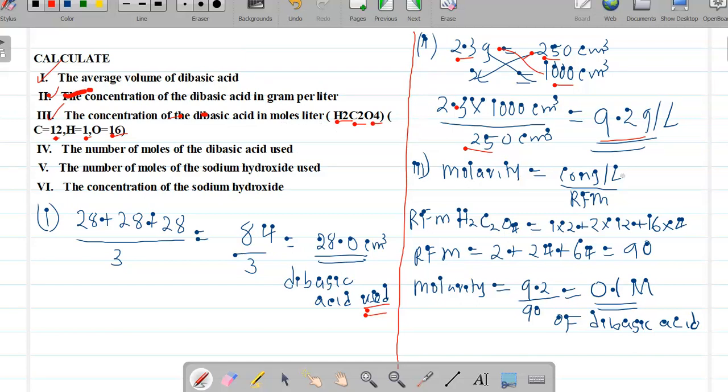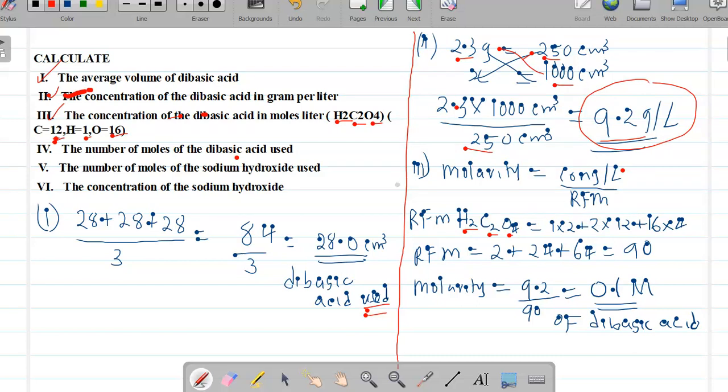Concentration in moles per liter means molarity. Molarity is equal to concentration in gram per liter over RFM. So you have to calculate the RFM; the concentration in gram per liter we already have. The RFM of H2C2O4: H is 1 and we have 2 hydrogen, so 1 times 2. We have 2 carbon, each 12, so 2 times 12.